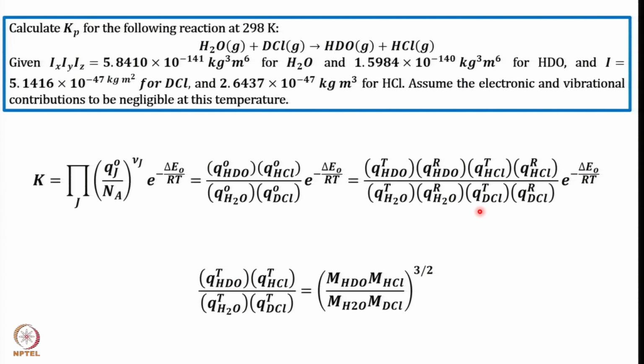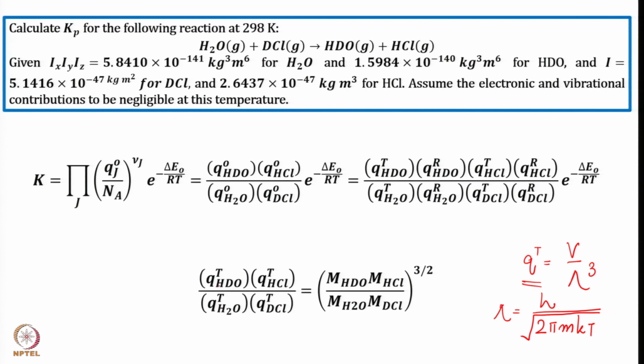Now we also know that the translational partition function is V upon lambda cube, where lambda is equal to h upon root of 2 pi m kT. That means Qt is directly proportional to the 3 by 2 power of m.